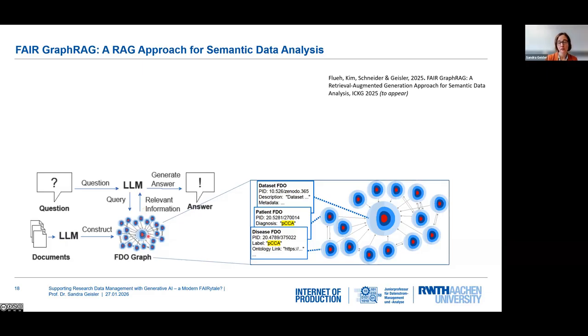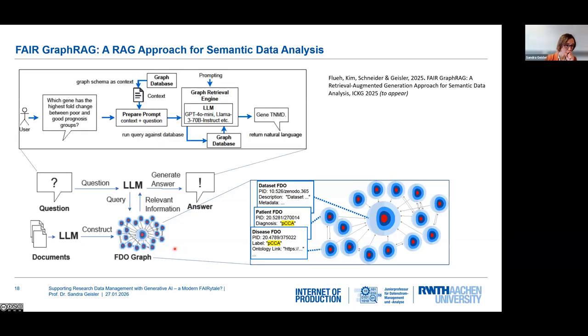And the LLM helps us to extract schema information from the data sets and to create the special format of a FAIR digital object. On the other hand, we also provide, using an LLM, the possibility to ask questions towards the knowledge graph, such that we know in which data set we find which data and can answer the question.